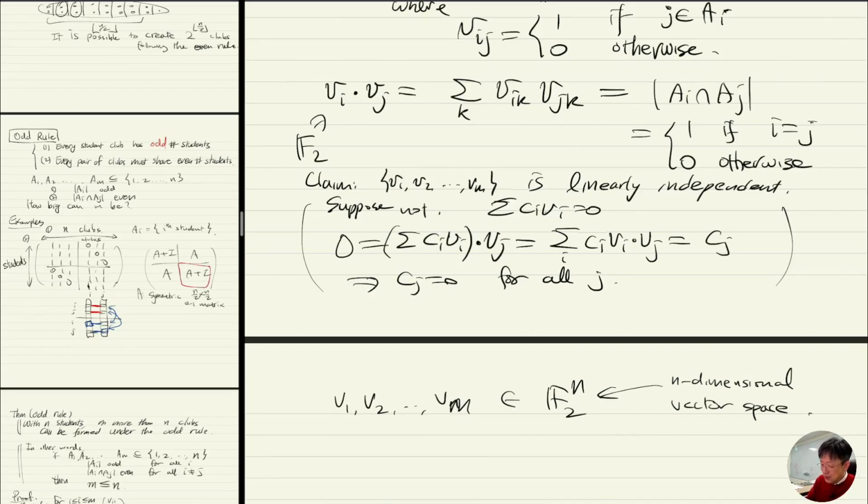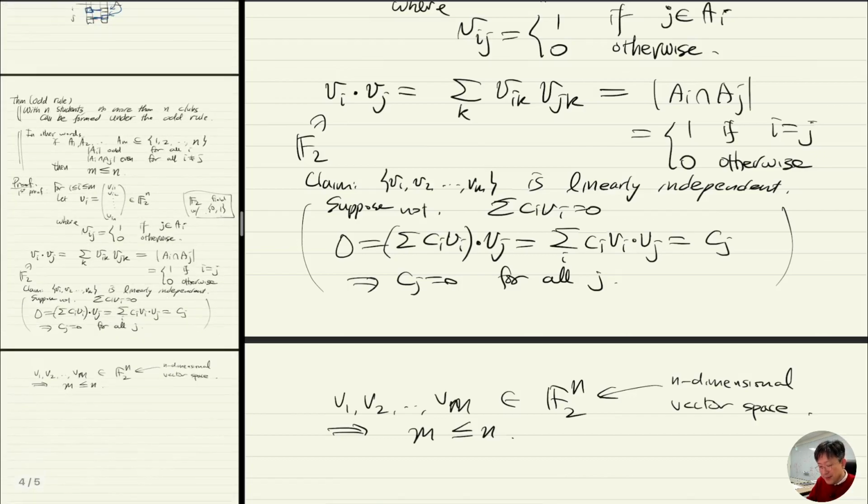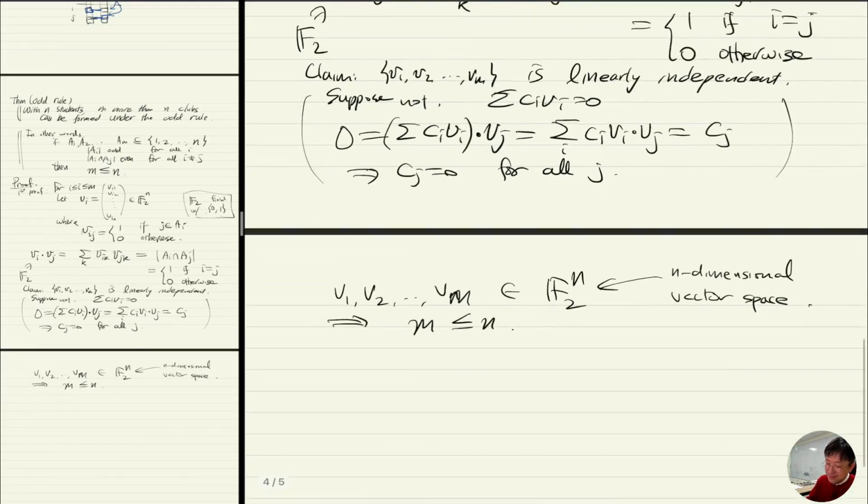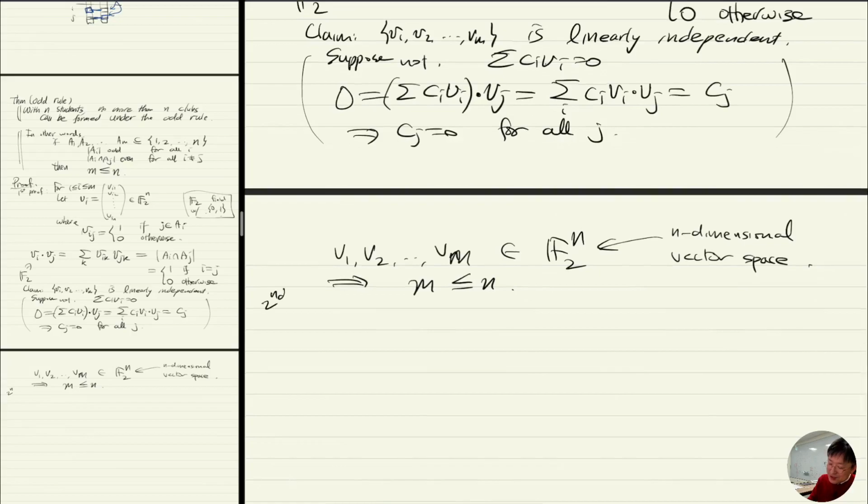Any set of linearly independent vectors has size at most the dimension of the vector space. So m is at most n. That's the proof. We're using elementary linear algebra to prove a fact in extremal set theory. So that's the first proof. I'm going to show you another proof as well, which is also based on linear algebra.